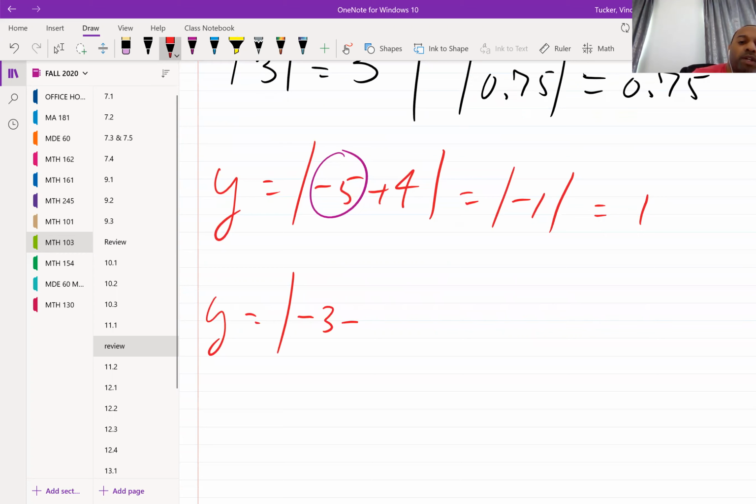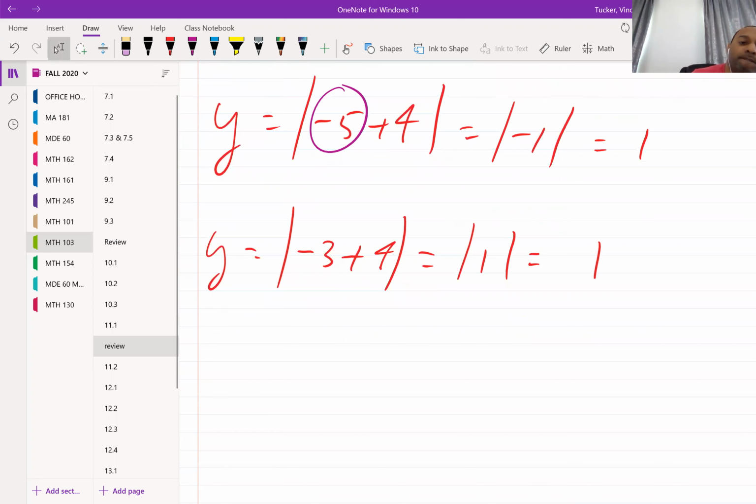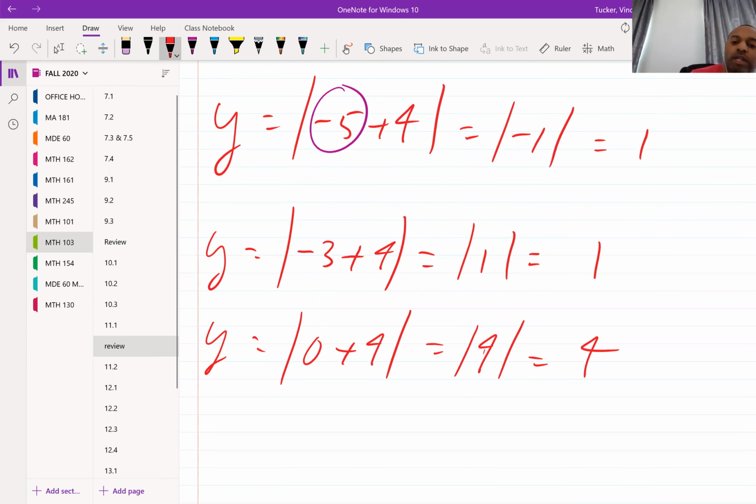Do the same thing for -3. -3 plus 4 is +1. Absolute value of +1 is, once again, +1. Zero plus 4. Absolute value of 4 is 4.